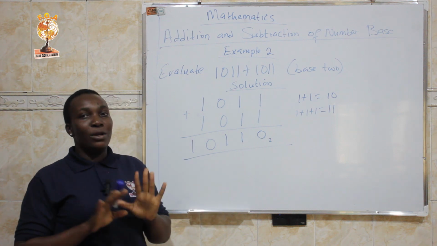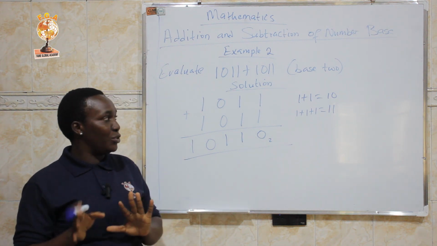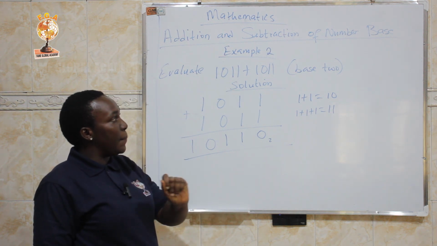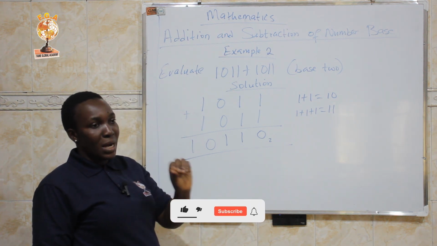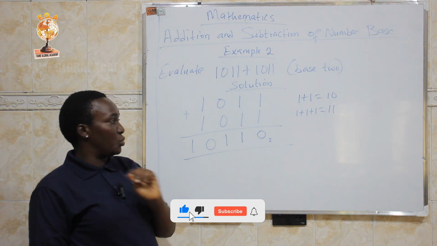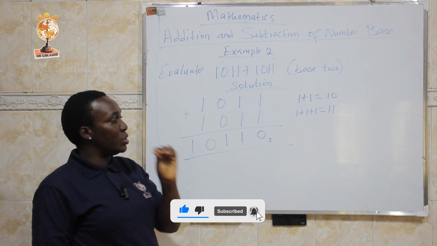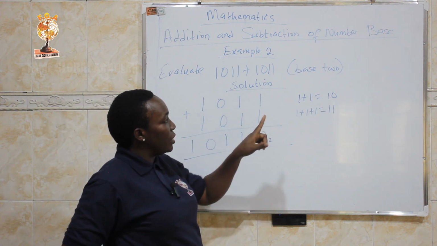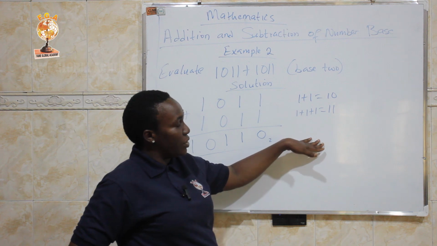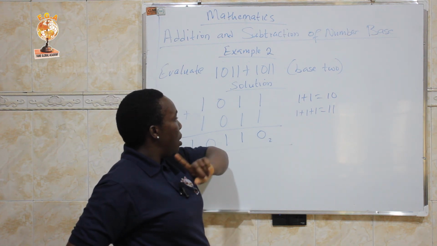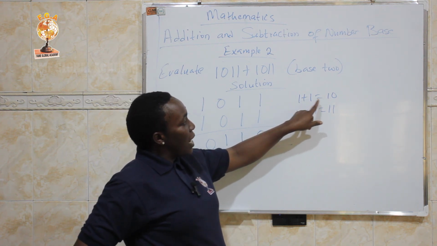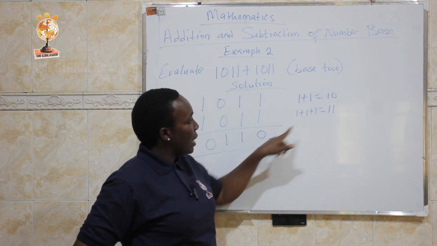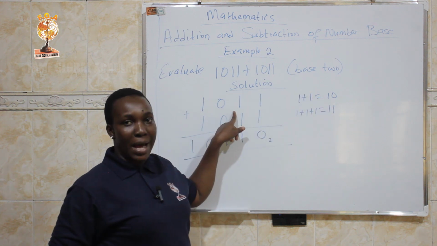Okay, let me recap it again. Now, I know this may look a little bit confusing, but you don't have to be confused. Just know that in binary numbers, 1 plus 1, the answer is 10, not 2. So when you have this 1 plus this 1, you get 10. That's why I'm bringing down the 7 here so that you understand better what we are doing. So 1 plus 1 will give us 10. So you write 0, this 0, and carry this 1 to the next part.